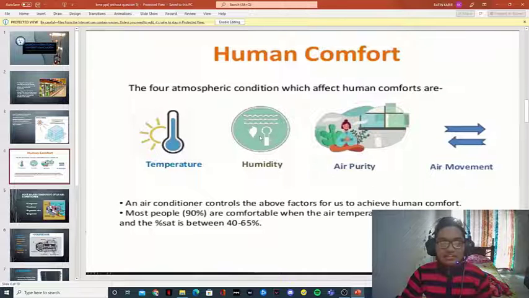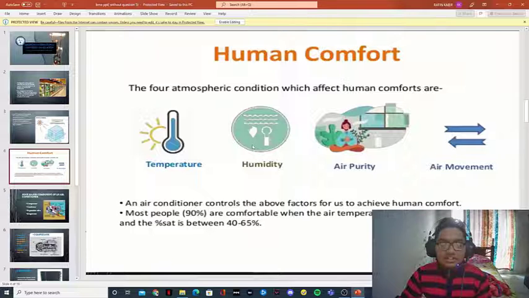The second factor is humidity, or we can say relative humidity. First of all, relative humidity is the amount of moisture present in the air divided by the total capacity of the air to hold the moisture. Ideally we want the relative humidity to stay at 50%.